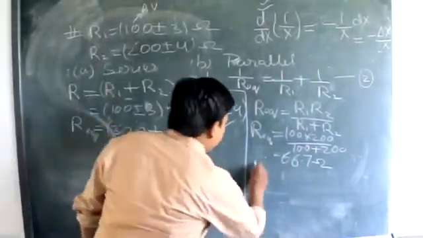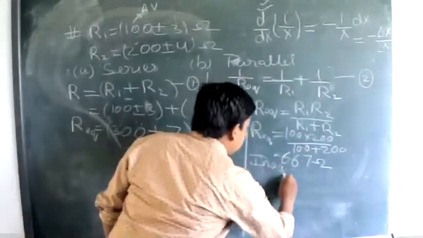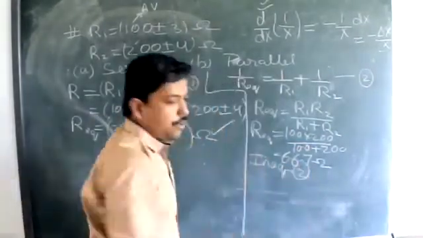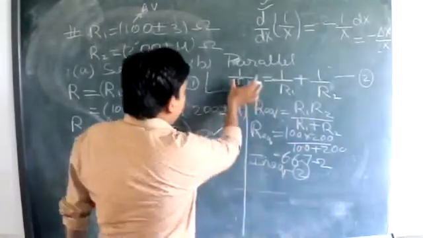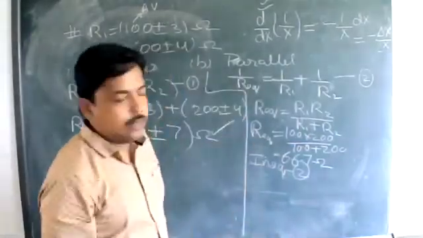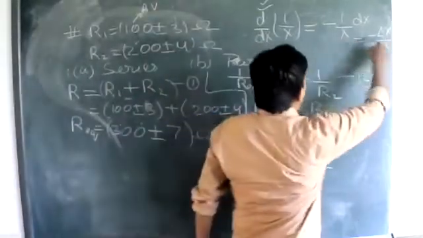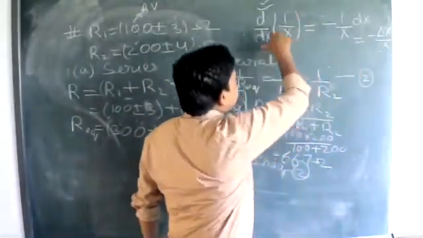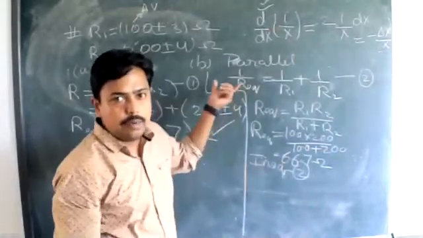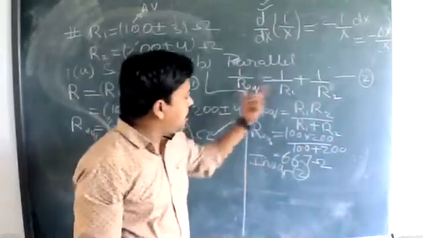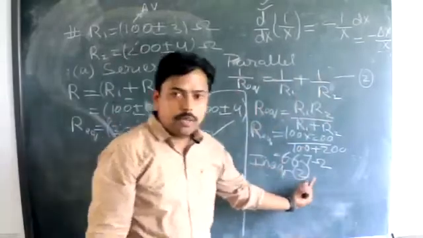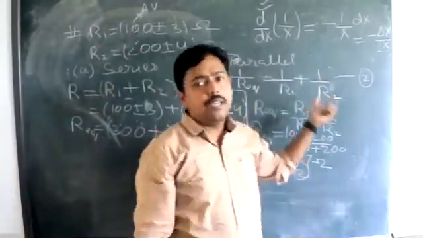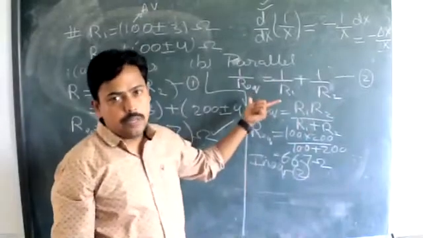So in equation 2, if we use this formula, what will we get? 1 upon R equivalent, according to this formula, will be differentiated with respect to R equivalent. We will do the differentiation on both sides. In equation 2, you need to write differentiating both sides partially.